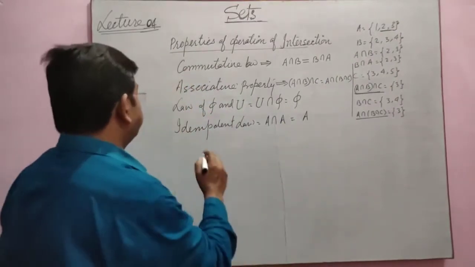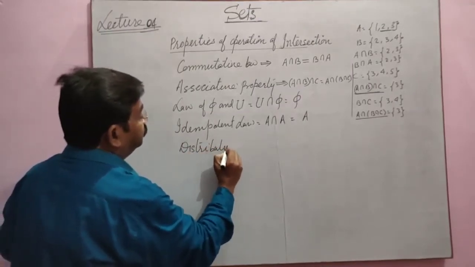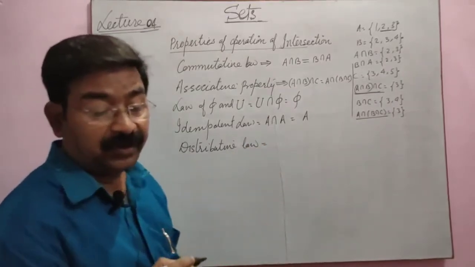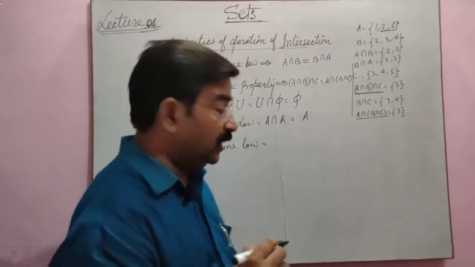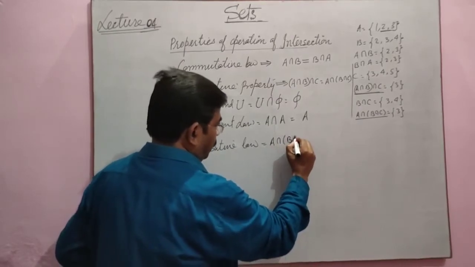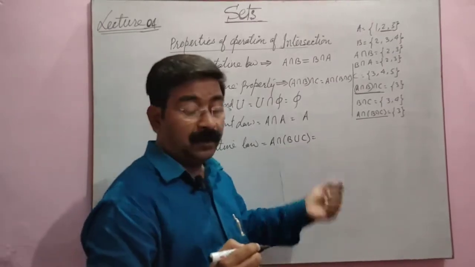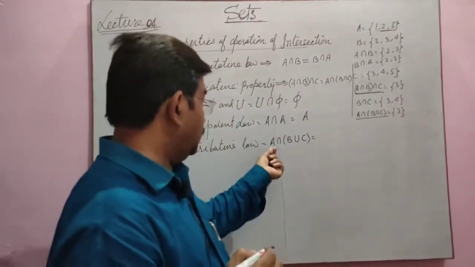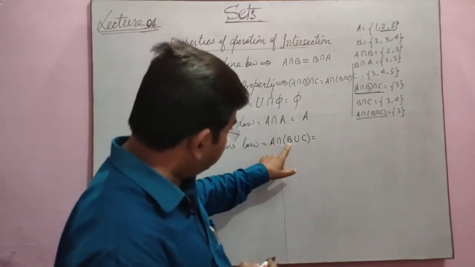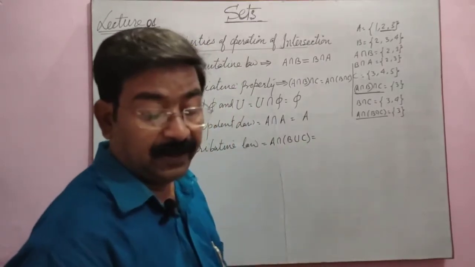And the final one is the distributive law on intersection. Very important one. If we have A intersection (B union C), meaning we have a set B union C and we find the intersection, how do we apply it?